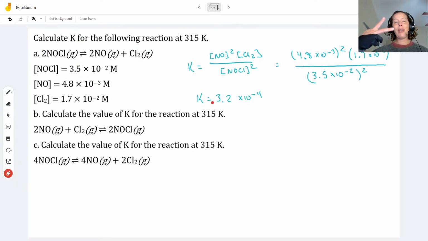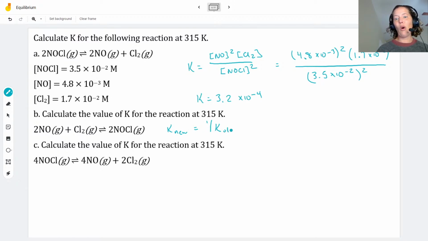Well, we flip our reactants and products. So our K new, we'll say, is equal to 1 over our K old. So that is our K up here. So all you need to do is just take the inverse. So what I'm going to do is just take the inverse of 3.2 times 10 to the negative 4.